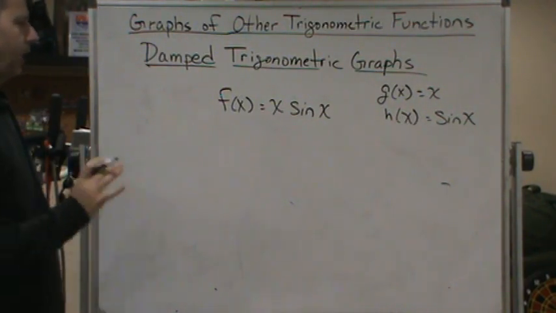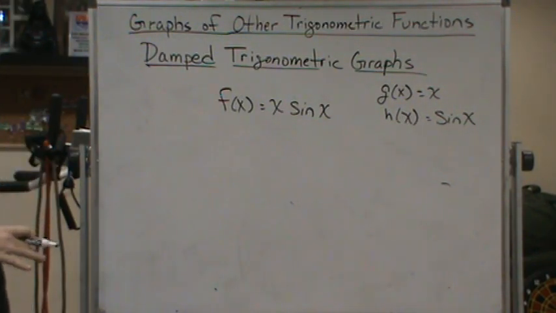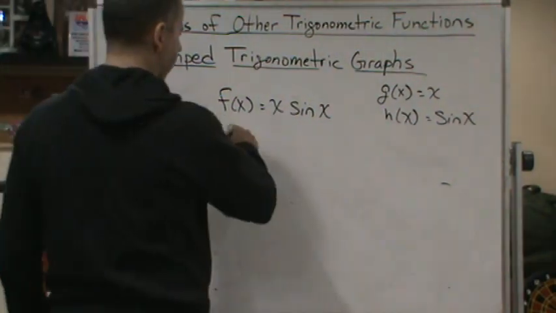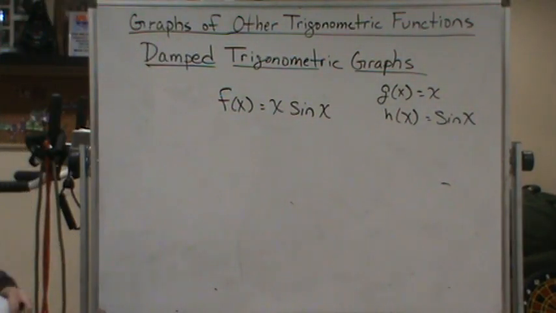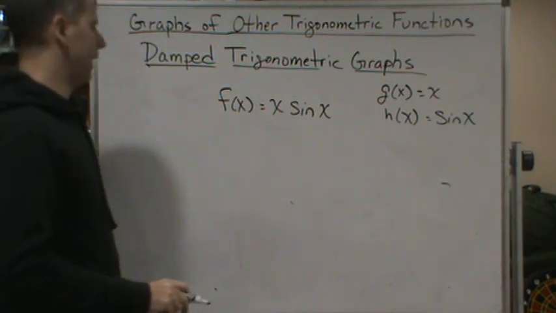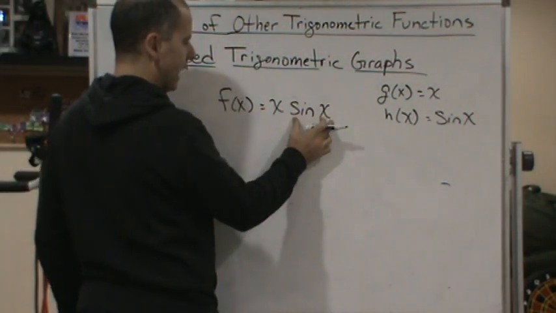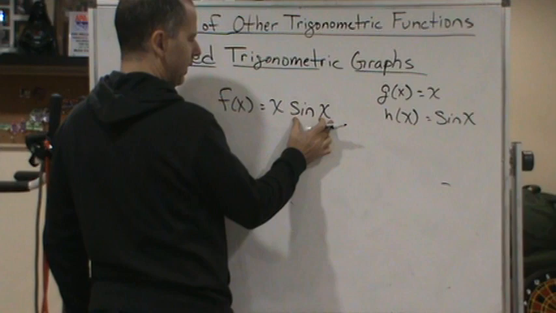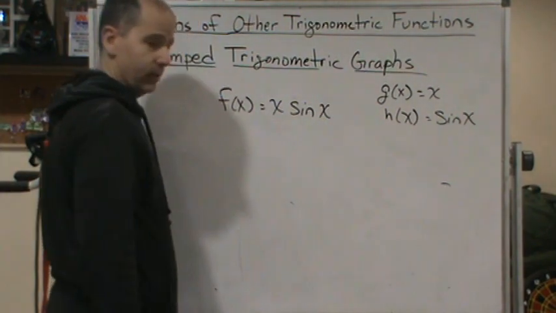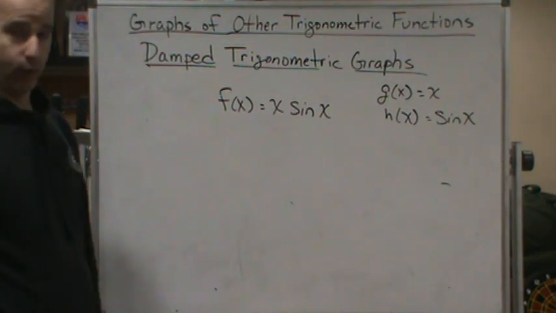And so we can know the behavior of this function here, f of x, by looking at the properties of the individual functions, g of x and h of x. Okay? And so actually what we're going to do is look at the properties of absolute value, and we're also going to look at the fact that sine x is between 1 and negative 1.